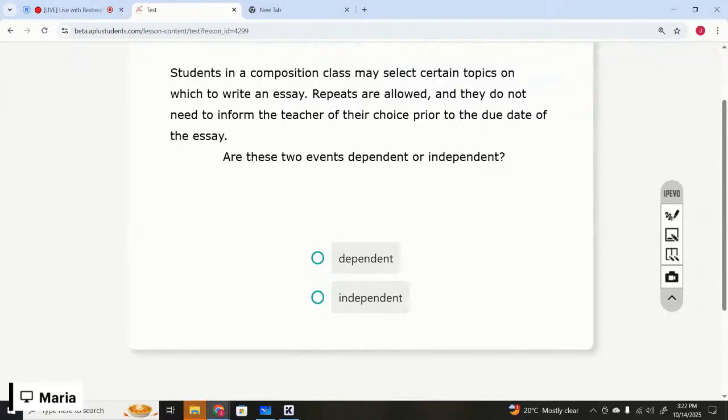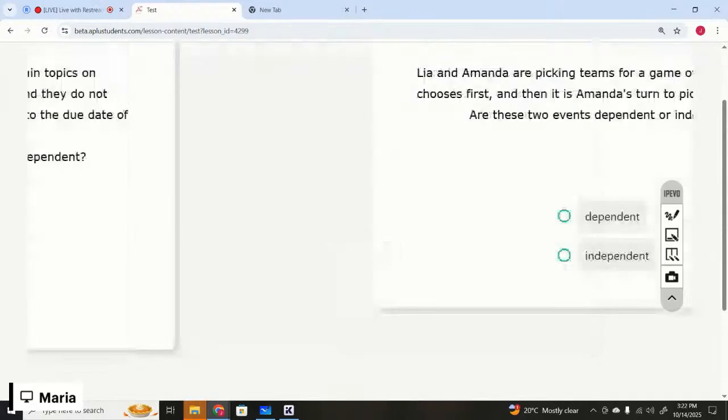They are independent events because the repeats are allowed. So they are independent events.